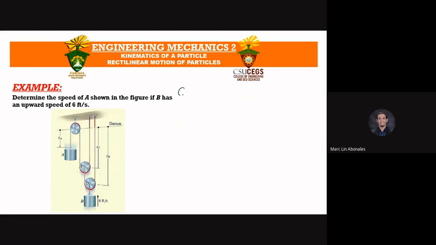From equation 2, 0 equals VB minus VC plus VB, so 0 equals 2VB minus VC. Therefore, VC is equal to 2VB.